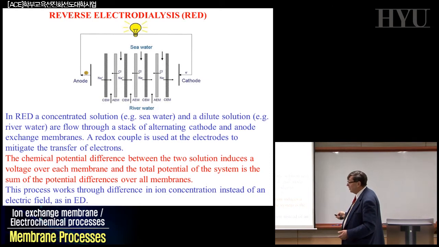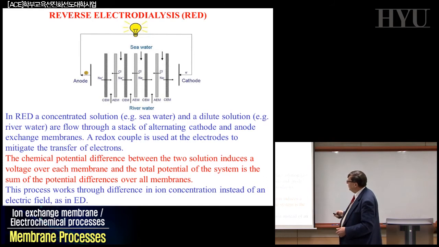Using seawater and river water is interesting, but not enough. In the sense that the overall power density you can create will be determined by the voltage of a single cell and the number of cells you have. A single cell will give a certain power. If you multiply the number of cells by the power of one, assuming they all work the same way, you will have the overall power of the system.